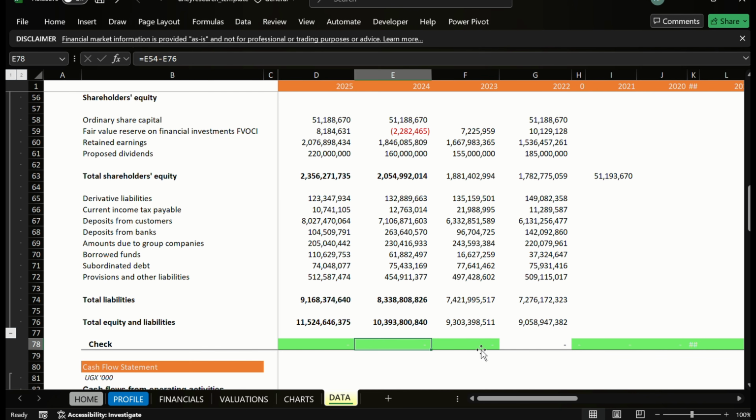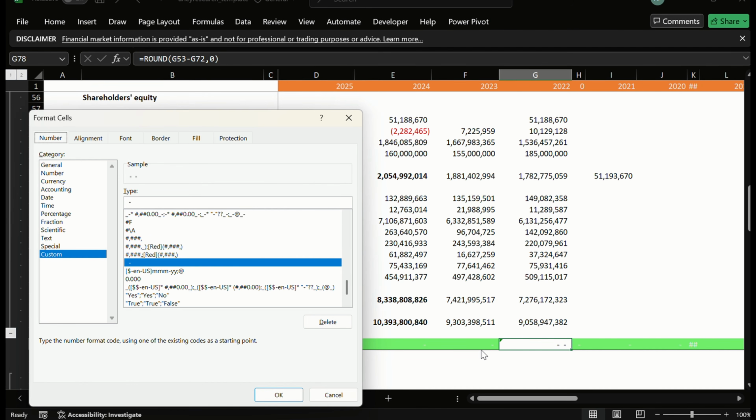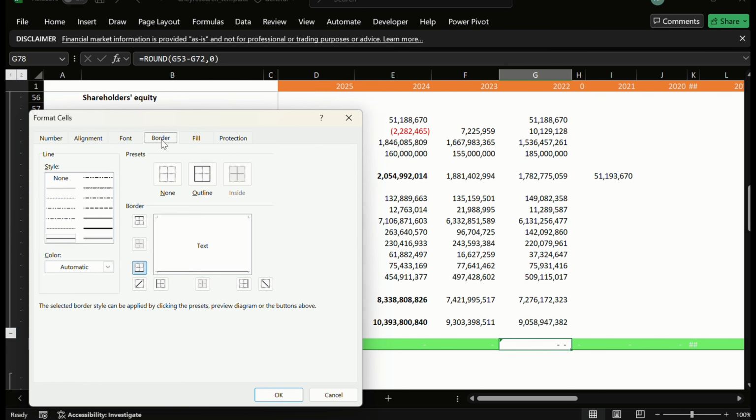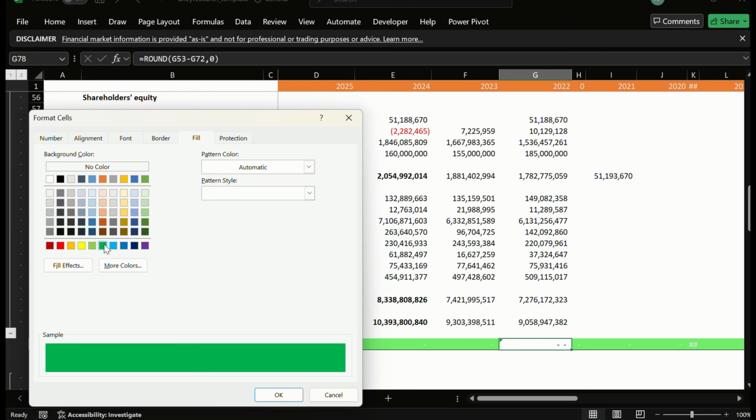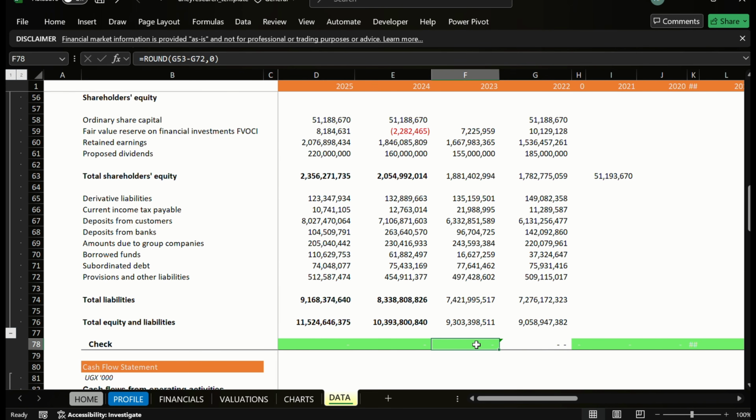Let me see. What happened? Yeah, that's not what I'm going to spend my time on, but they do need to be the same, because it is corrected.